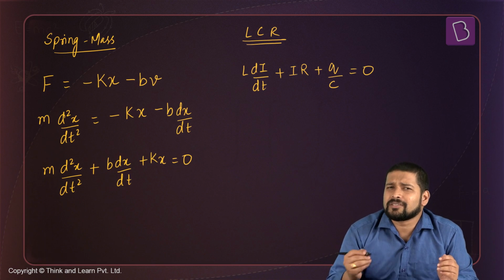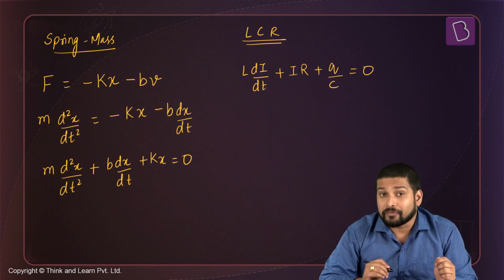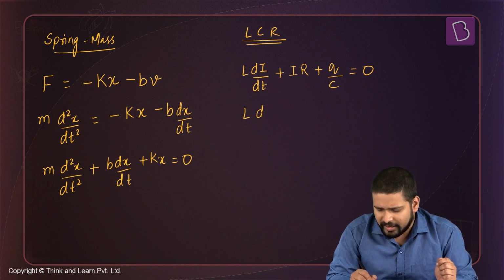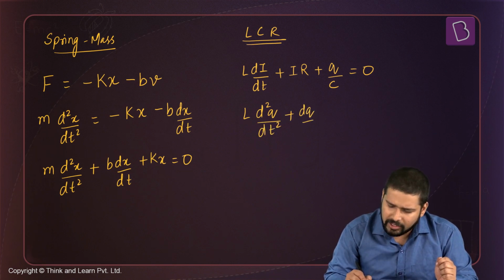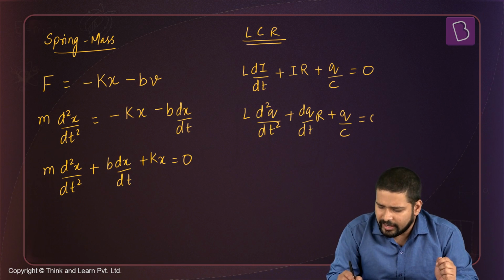Let's again express this in terms of a differential equation and express everything as a differential of q. So L di by dt can be written as L d square q by dt square, plus I can be written as dq by dt times R, and q by C remains as it is.